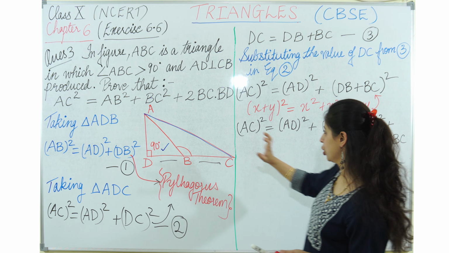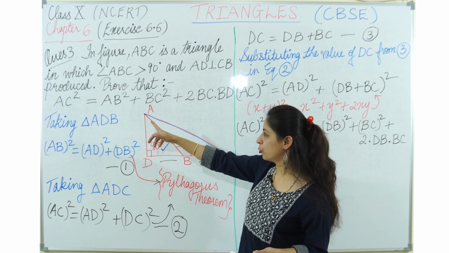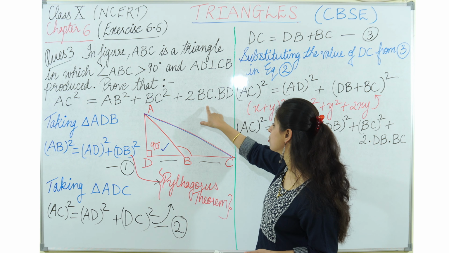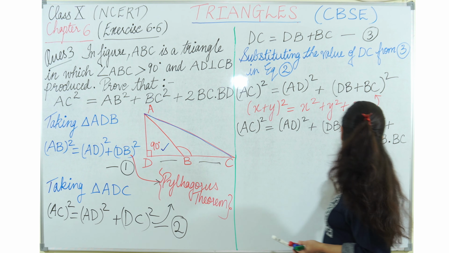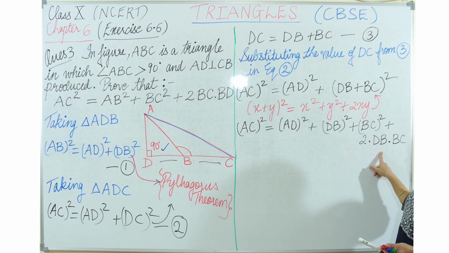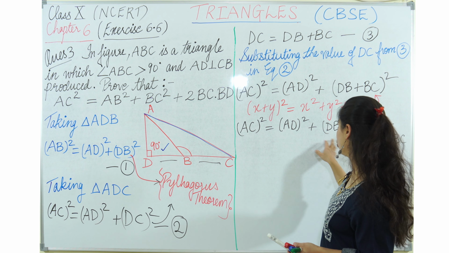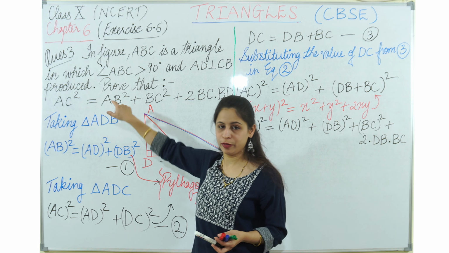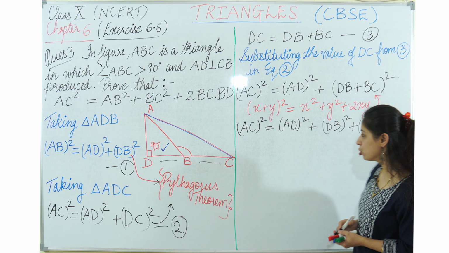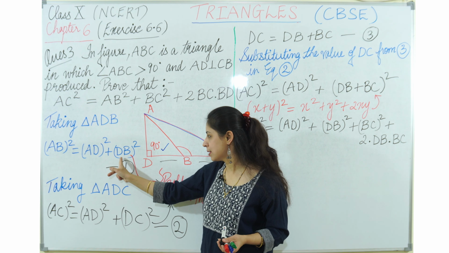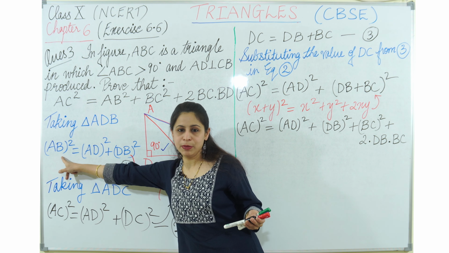But in the question, we are asked to prove AC square is equal to AB square plus BC square plus 2 BC BD. BC BD we are already getting, and BC square also. The only thing is that we are not getting AB in our RHS right now. So we can clearly see from equation number 1 that AD square plus DB square is equal to AB square.